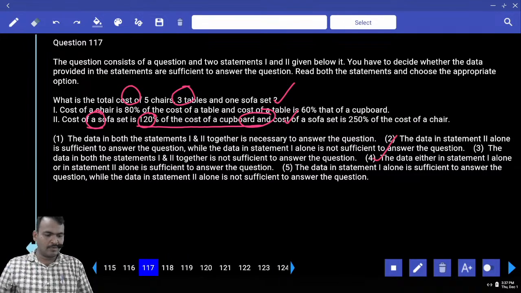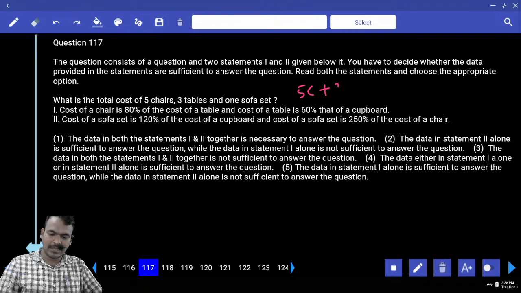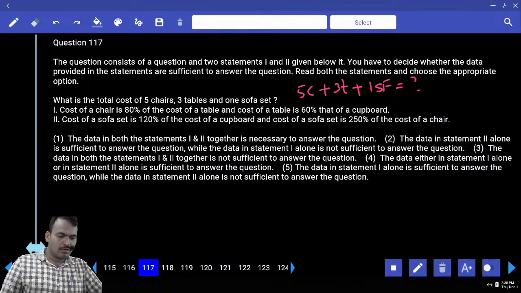Next, question number 117. What is the total cost of 5 chairs, 3 tables and 1 sofa set? 5 chairs plus 3 tables plus 1 sofa set or not? We require total cost, which means we definitely need to know the individual chair cost, individual table cost and individual sofa cost, or not? Okay. What is the first one?